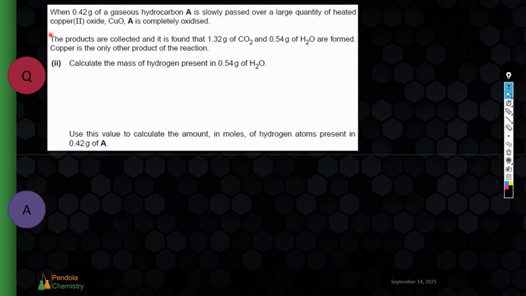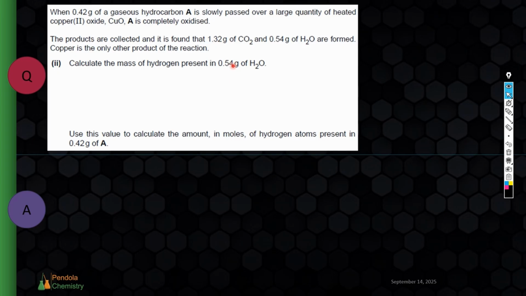So let's look at this problem. Now, this is the continuation from the problem that we did in section 4. Here we are asked to calculate the mass of hydrogen present in 0.54 grams of H2O. And this is going to be kind of continuing from what we did earlier.